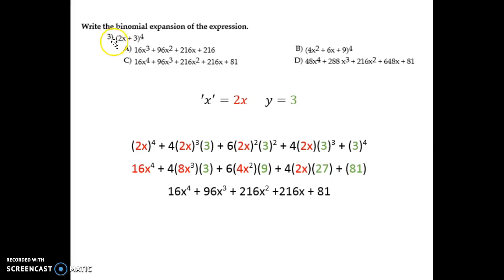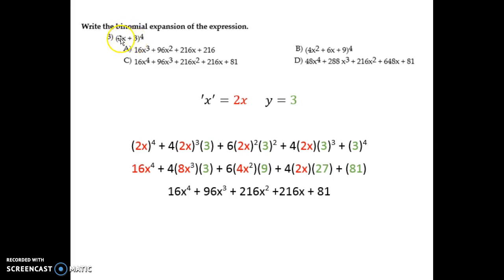Number 3, we're going to be expanding this expression. And this is talked about in chapter 7.4. On page 694, it shows you the binomial theorem. And you need to identify what the 2 terms are inside the parentheses in order to use the binomial theorem.